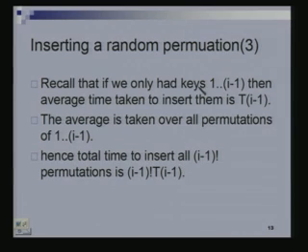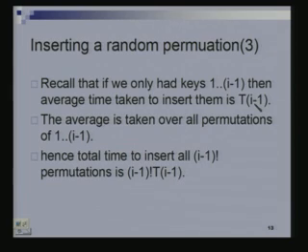Okay. So, suppose I had keys only 1 through I minus 1, right, I had only I minus 1 keys, 1 through I minus 1. Then the average time taken to insert these keys is T of I minus 1, this is what we define T of n as. This average is the average taken over all the permutations of 1 through I minus 1, right. So, the time taken to insert all these I minus 1 factorial permutations is therefore just I minus 1 factorial into T of I minus 1, yeah.